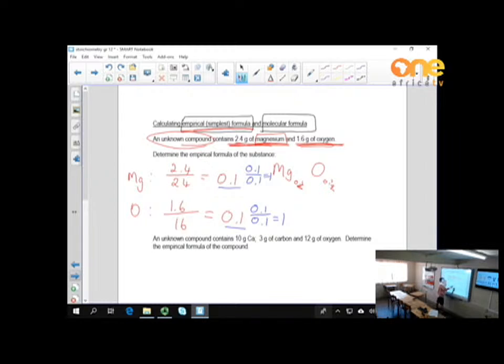So my formula is magnesium oxide, 1 magnesium and 1 oxygen. We don't show the 1. That would be the simplest empirical formula. The empirical formula is the simplest formula.